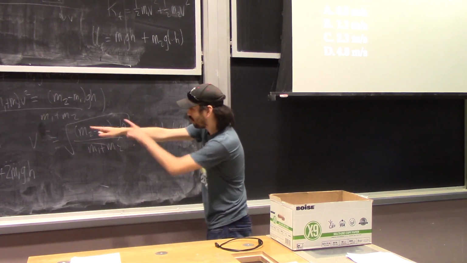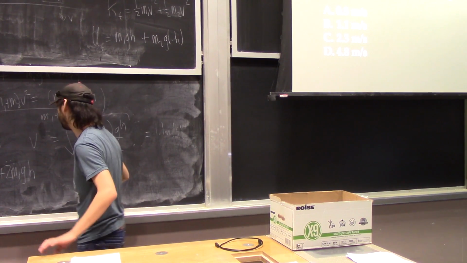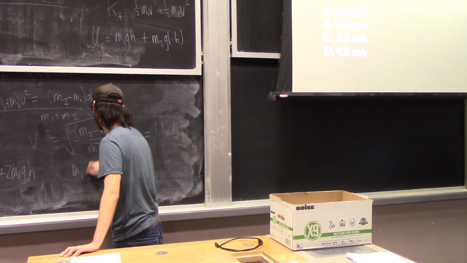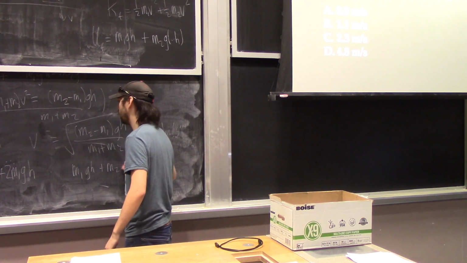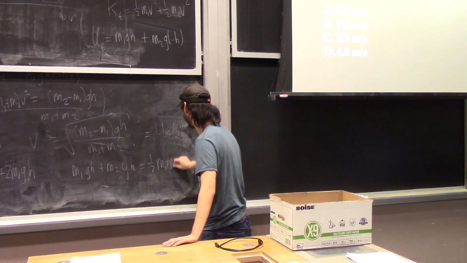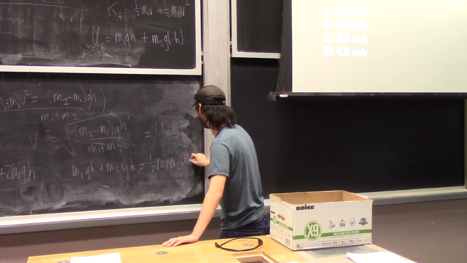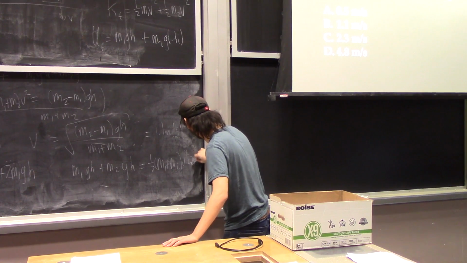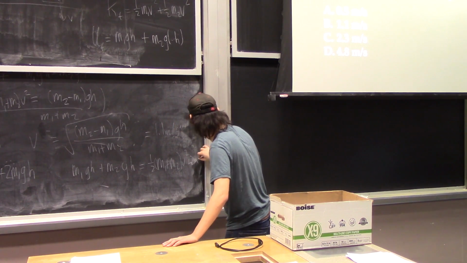Okay. Now, if we set these two equal to each other, we end up finding m1 gh plus m2 gh is equal to 1/2 (m1 plus m2) v squared plus 2 m1 gh.